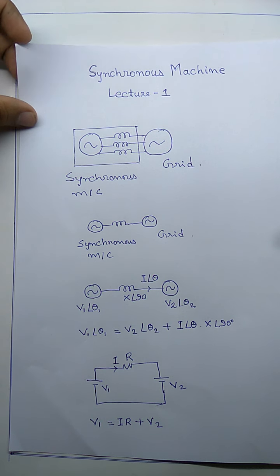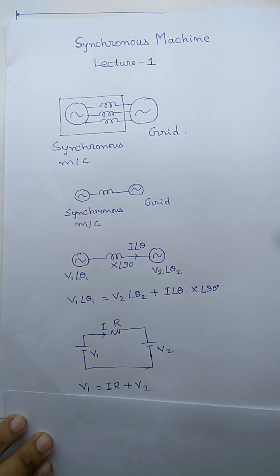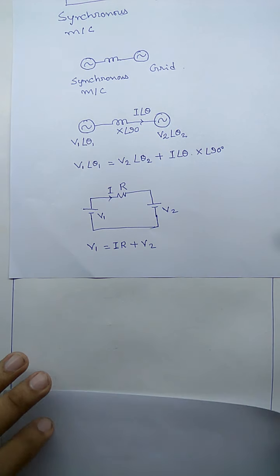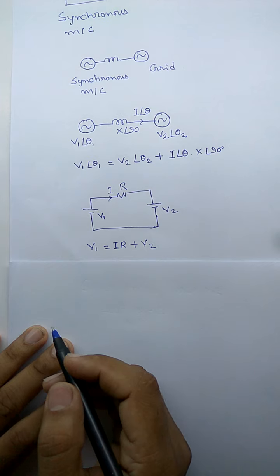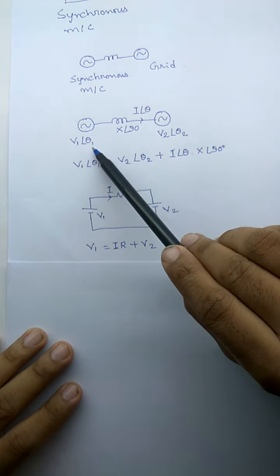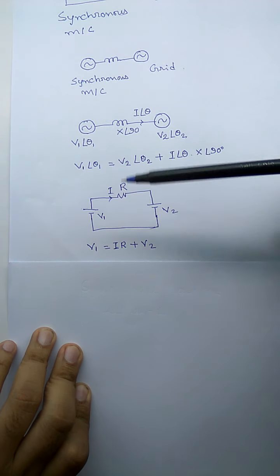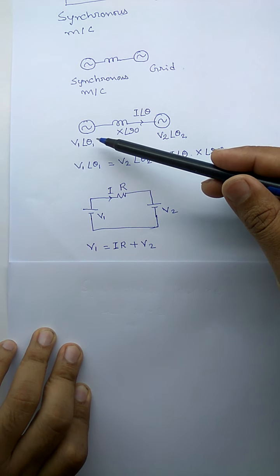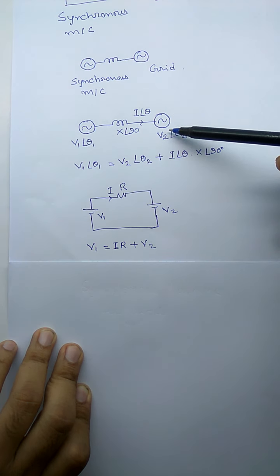Now there is a problem with this synchronous machine or AC circuit. Let's look at this circuit. Here we are assuming that the current is flowing from V1 to V2. Now we know in an AC circuit current alternates: sometimes the current flows from source V1 to V2 and at some other time it flows from V2 to V1.